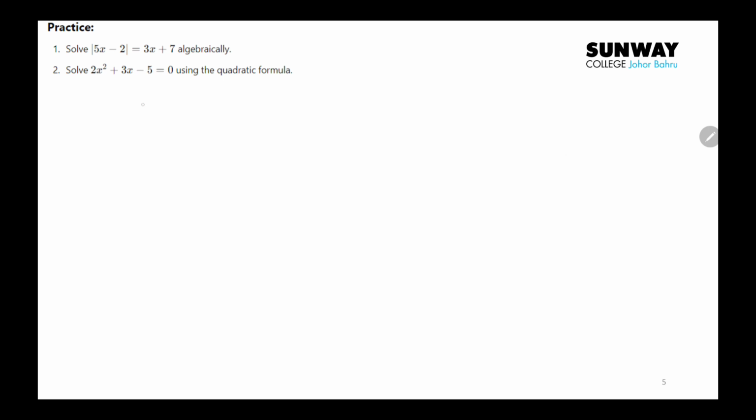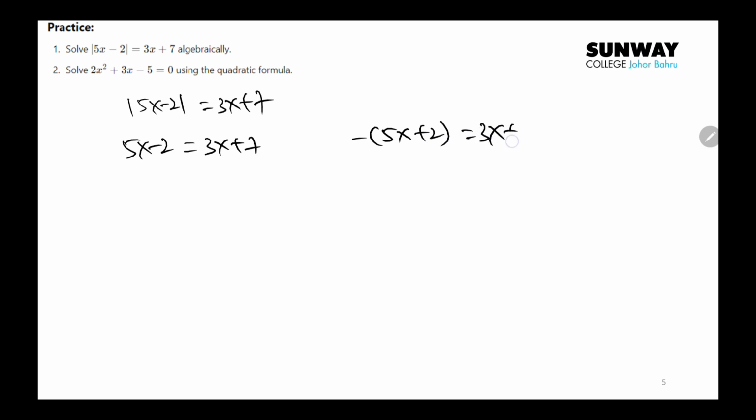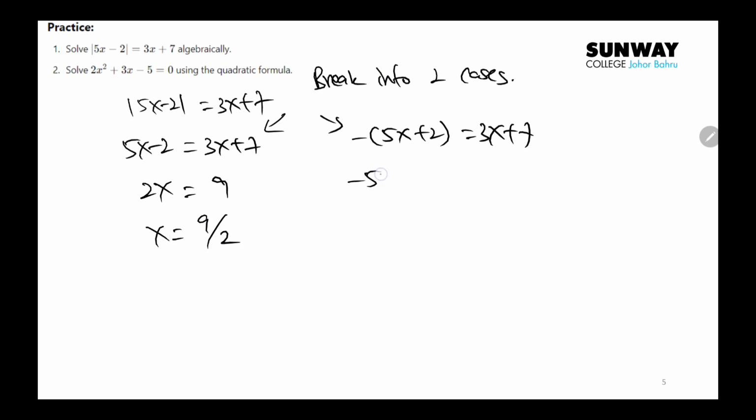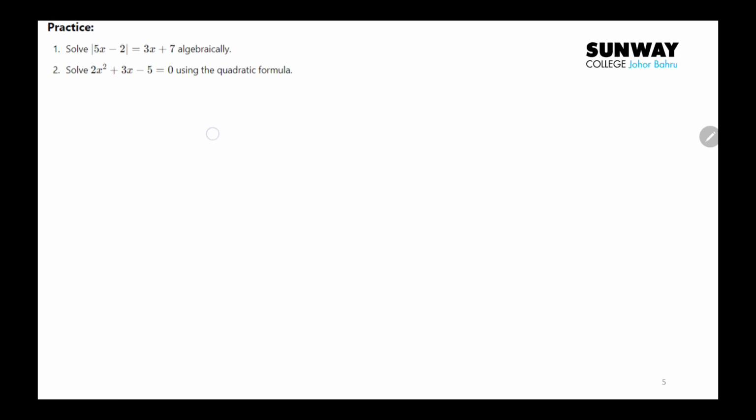So for these practices, we are going to do the same thing. For the next question, this is a quadratic equation.